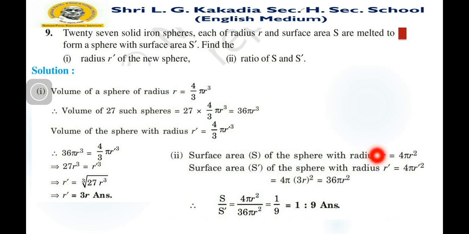Here r dash we got is 3r, so we put 4 pi into 3r square, 36 pi r square. So the ratio of S and S dash, S by S dash is equal to 4 pi r square divided by 36 pi r square, which is equal to 1 by 9. The ratio of S and S dash is 1 colon 9.